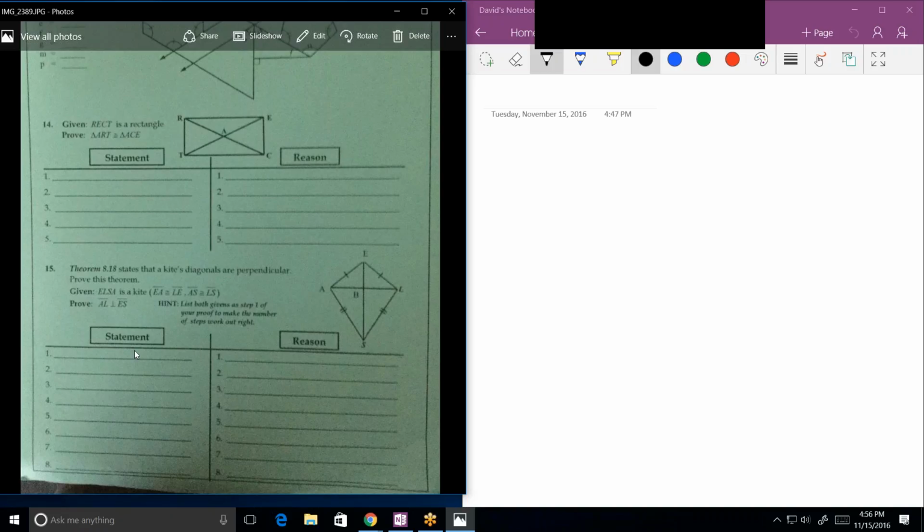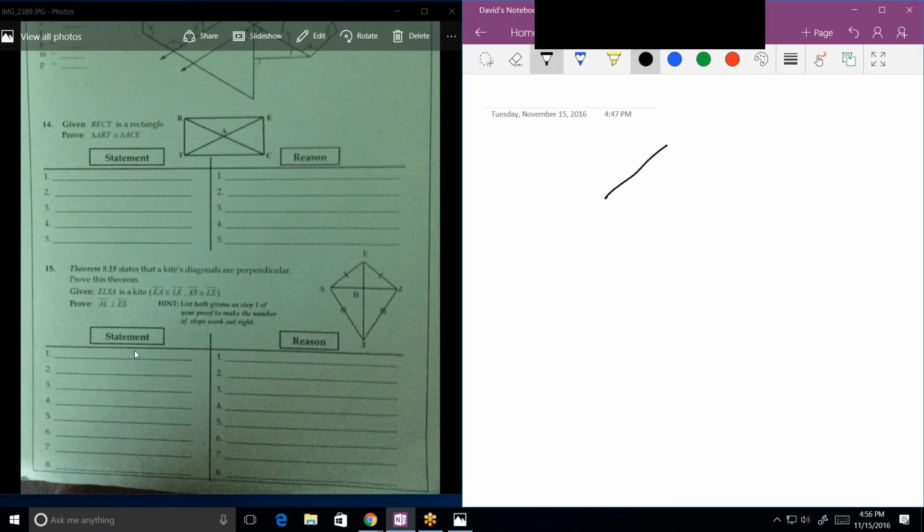Let's see if I can draw it and figure out how to prove that they're perpendicular. So you know that that angle is equal to that angle, right? Yep. And this angle is equal to this angle.